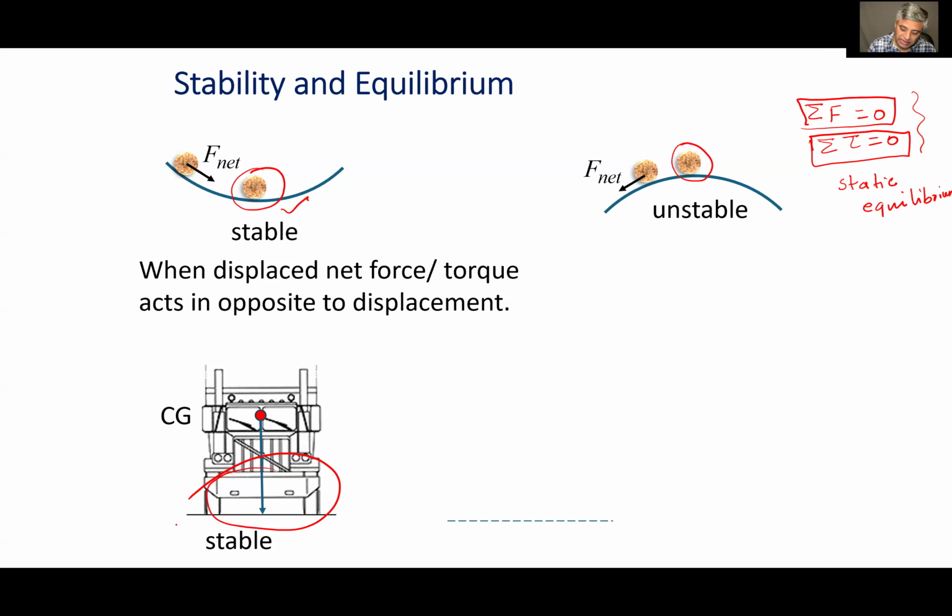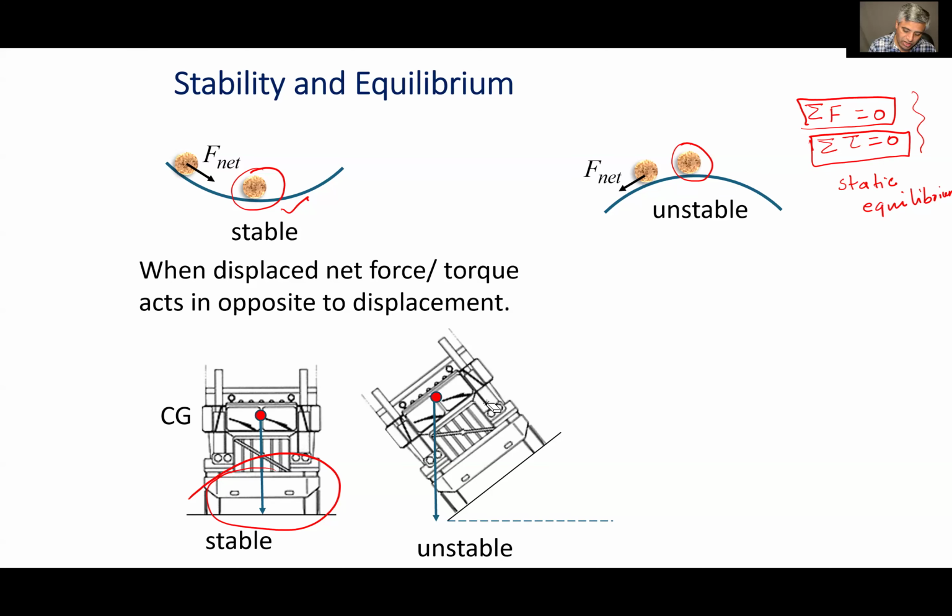It becomes unstable. So for example, same truck, if you drive on a very inclined road, let's say, in that case, what happens? Now the center of mass or center of gravity, this weight line, goes something like this. So the weight is outside the base. So that's why it becomes unstable.